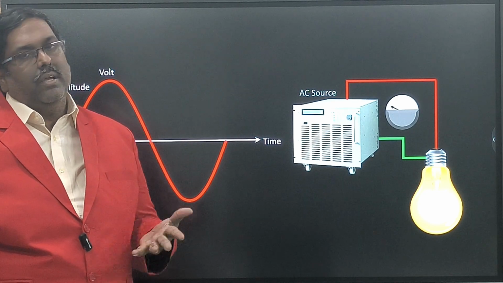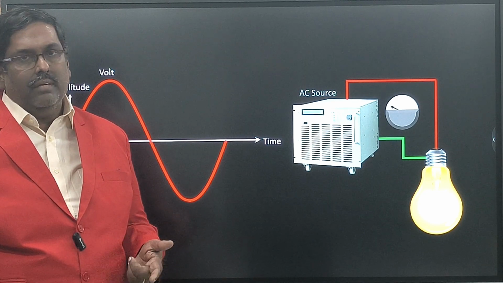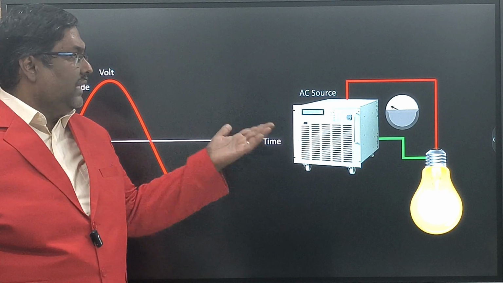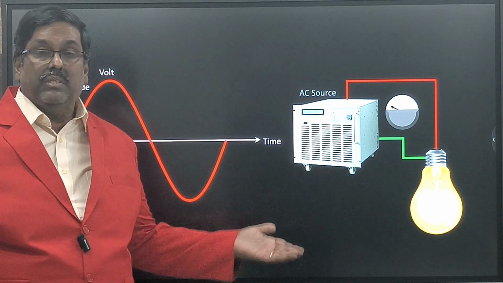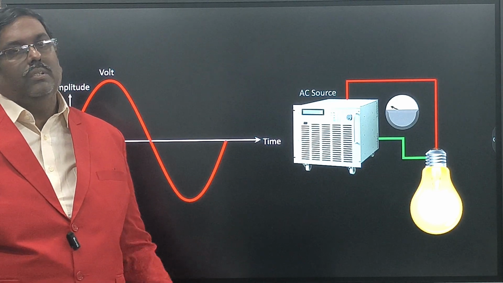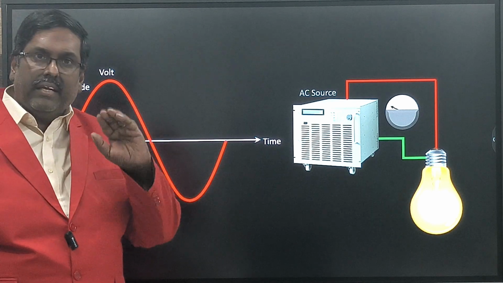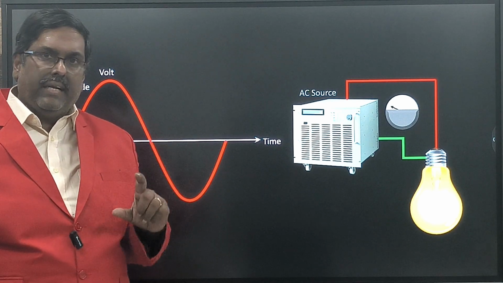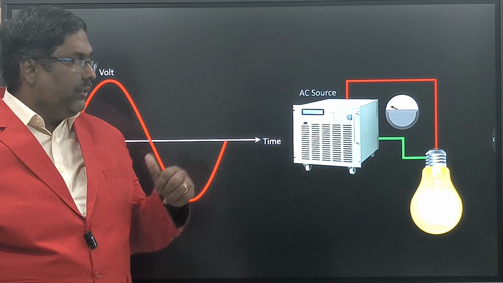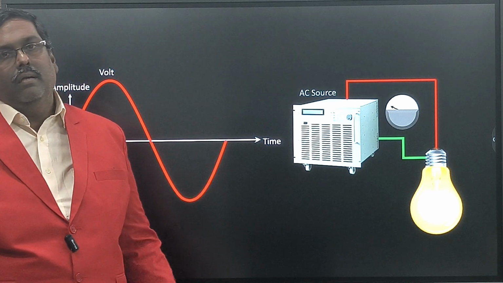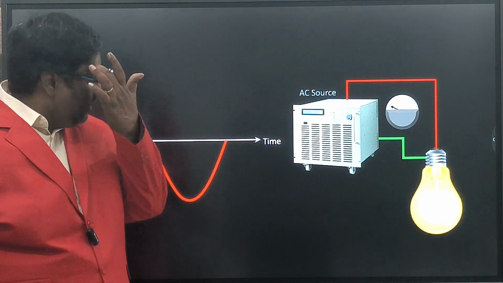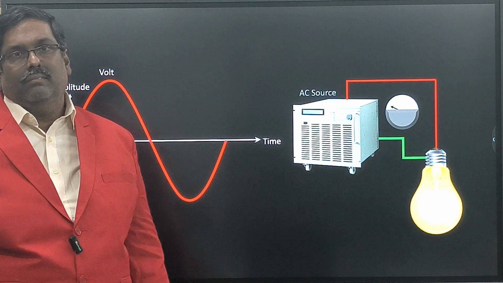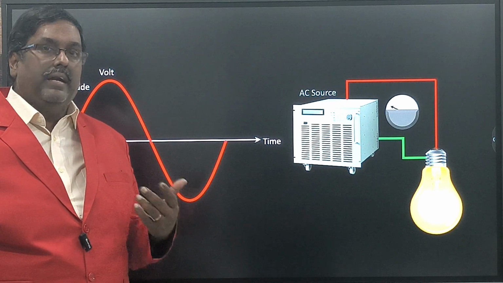For example, 20. Above that, now it is 100 hertz, 100 times switching on and off, so there is no flickering. The flickering is there. If you take a high-speed camera video, you can see that flickering. But normal eyes cannot see that flicker. That is why the bulb looks like it is continuously glowing.